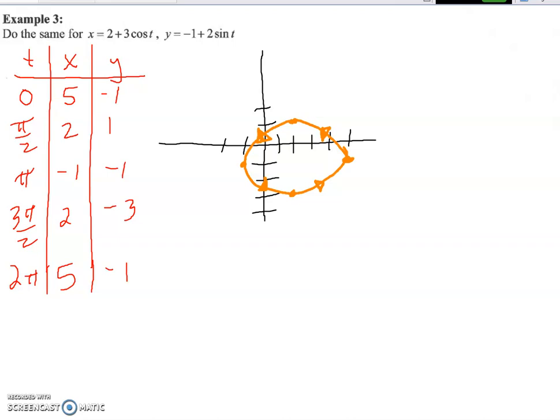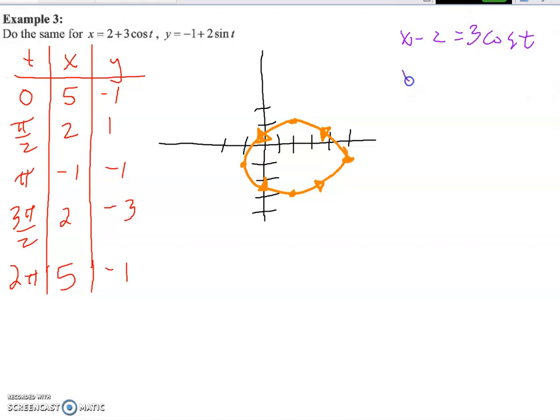Alright, so now let's write the equation by getting rid of the parameter. Let's start with x. With the x equation, I can subtract 2. So I've got x minus 2 is equal to 3 cosine of t.